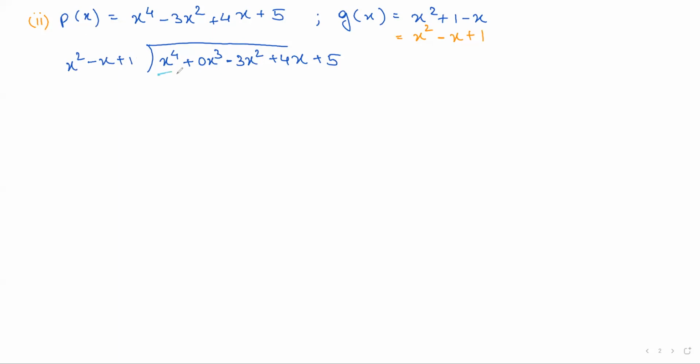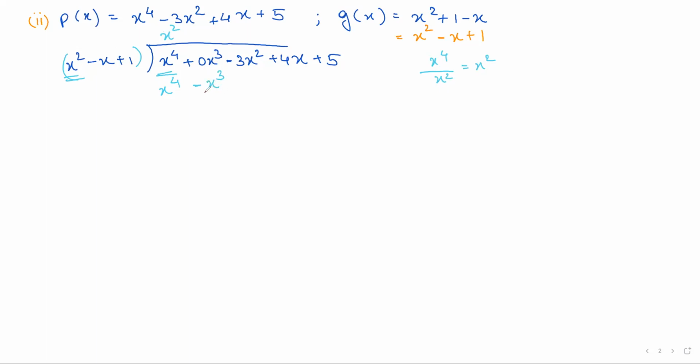Again, the same procedure. First term is to be divided by first term. So x to the power 4 divided by x square, we'll get x square. This x square is to be written over here. And then this x square is to be multiplied by the whole g of x. X square into g of x is x to the power 4 minus x into x square is minus x cube.